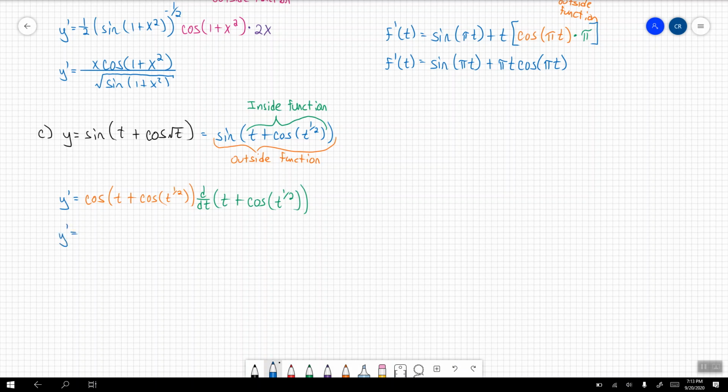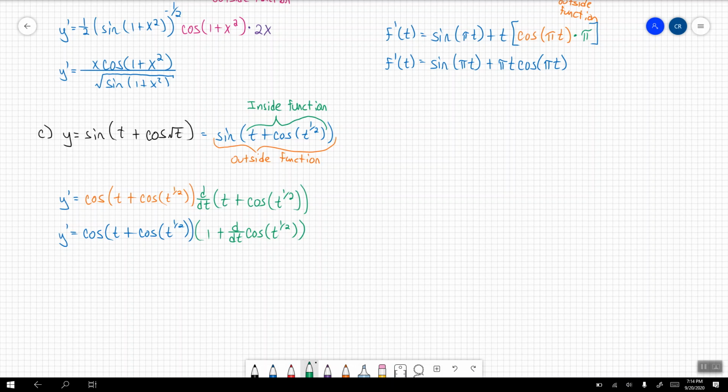That we have y prime is equal to cosine of t plus cosine of t to the power of 1/2, times the derivative of t, which is just going to be 1. So again, that's 1 plus the derivative with respect to t for the function of cosine of t to the power of 1/2. And again, this is where we now see that inside function and outside function come into play.